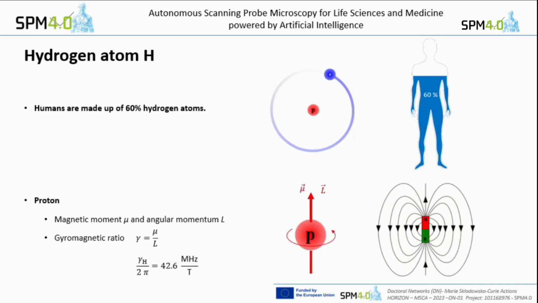This proton has a magnetic momentum and angular momentum, the angular momentum L and the magnetic momentum mu. The ratio is the gyromagnetic ratio, in particular for the hydrogen atom 42.6 megahertz per Tesla. It's a characterization for this atom, which is used later because we have to match this frequency.